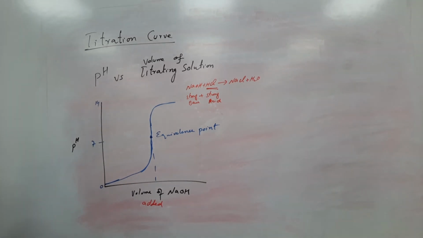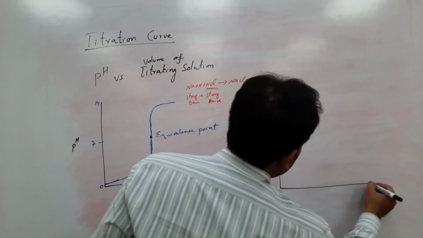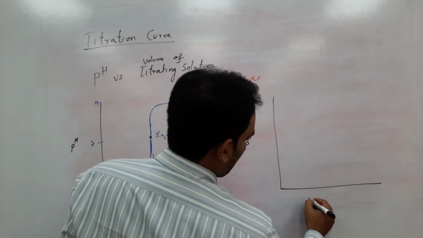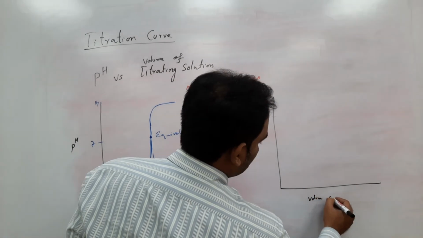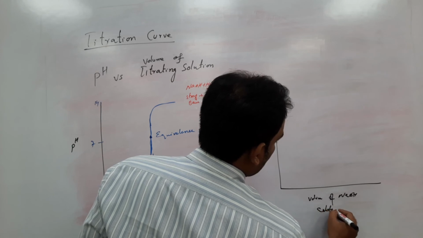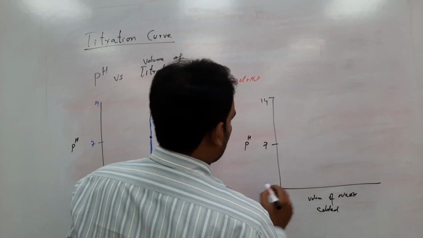We will study only two types of reactions. Here you have the volume of NaOH added. Here you have 7, 14, 0.